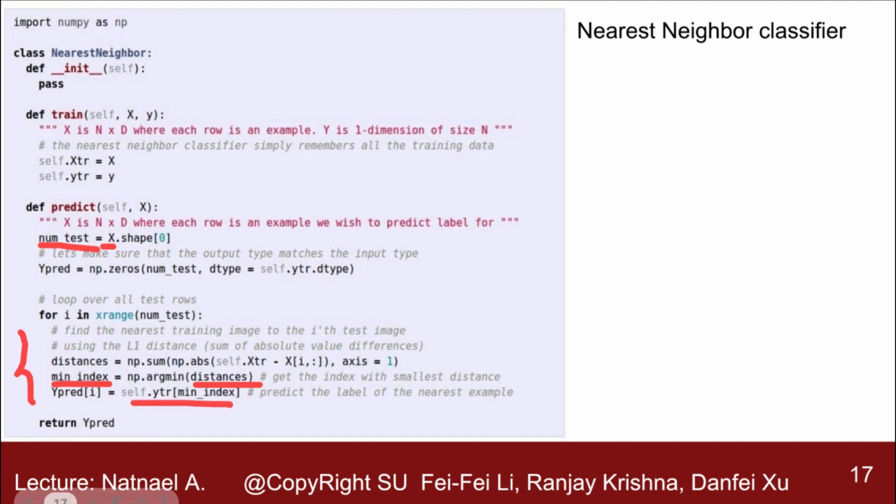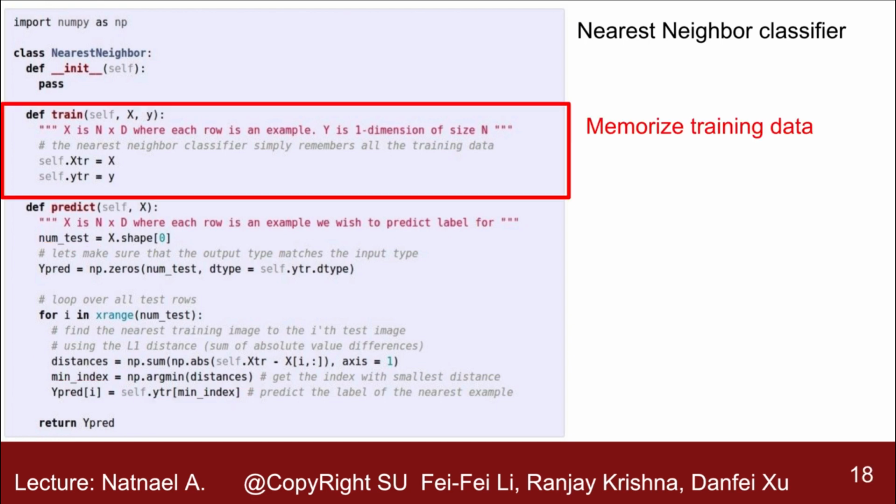So it's a pretty simple implementation of nearest neighbor. Most of the things are high level here, but it's easily implementable. Here we said it memorizes training data. Nearest neighbor memorizes training data.